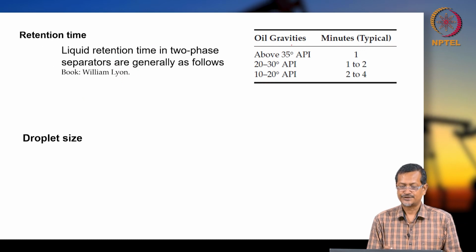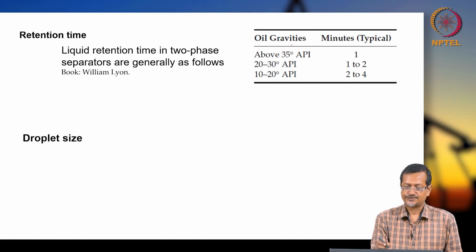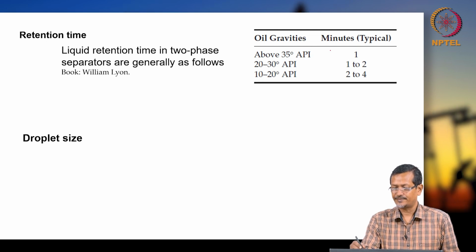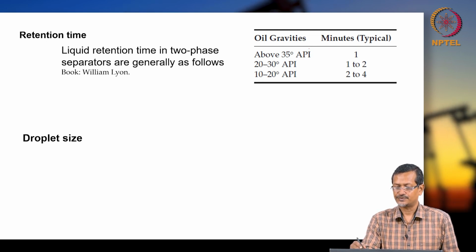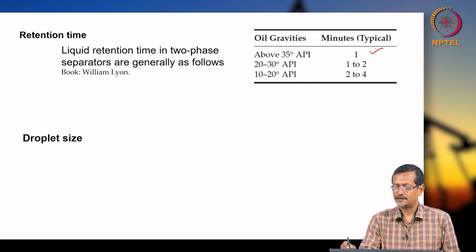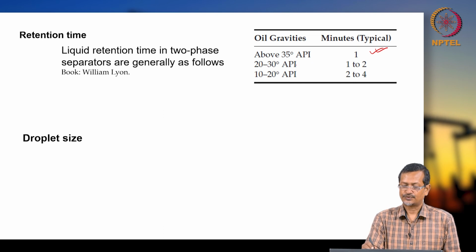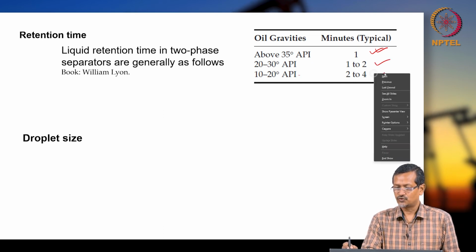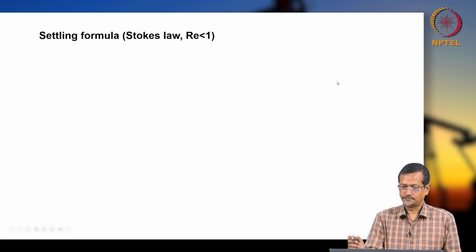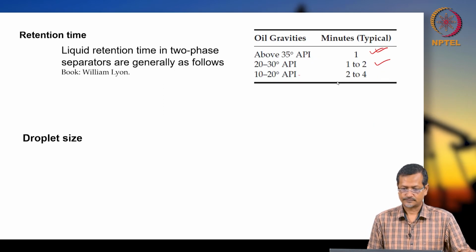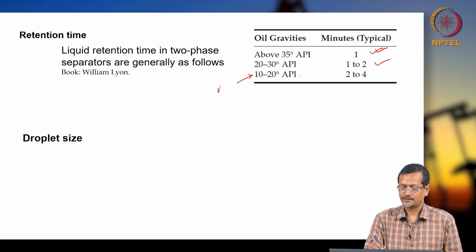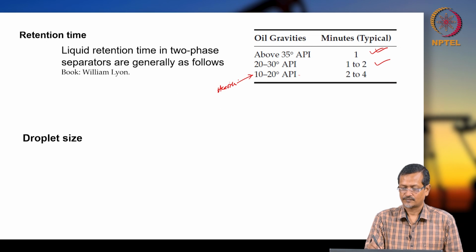Liquid retention time in a two-phase separator is generally as follows: if we have more than 35 degree API, American Petroleum Institute gravity, then typically 1 minute retention time can be okay. For 20 to 30 degree, 1 to 2 minutes; for 10 to 20 degree, 2 to 4 minutes.